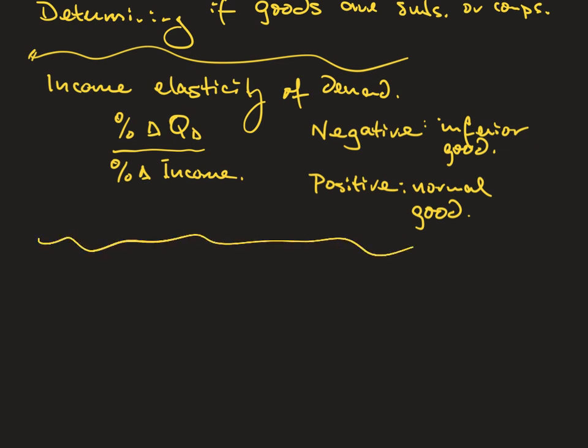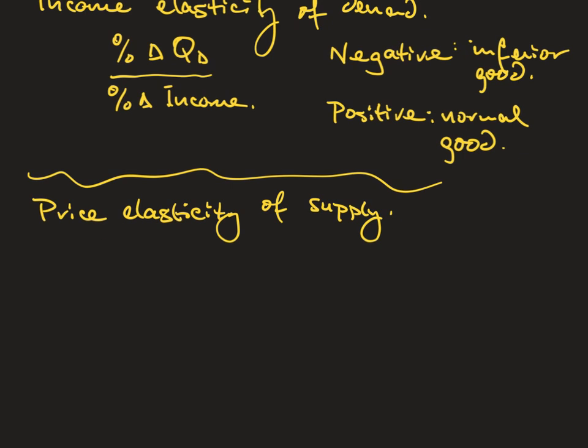And a final elasticity to mention, the price elasticity of supply. Okay, price elasticity of supply is the percent change in quantity supplied divided by the percent change in price. And so this is from the supply side of the market, the producer or seller side of the market.